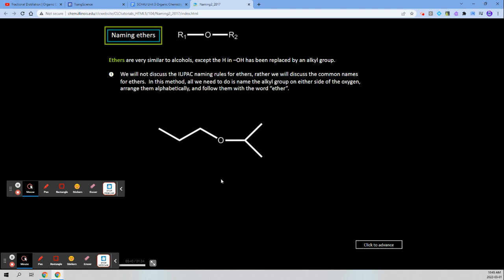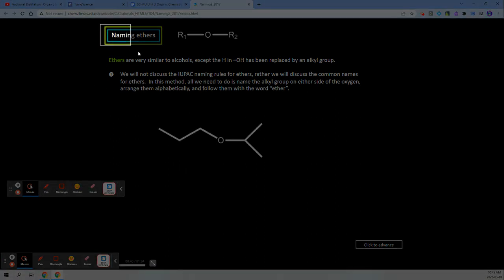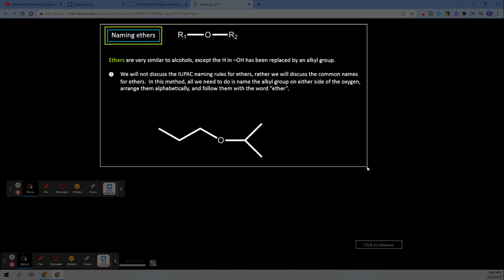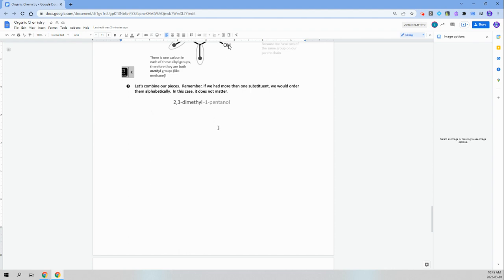So they probably won't ask you to do that, but ethers are good. So you notice how there's some similarity between an ether and an alcohol, and that is the alcohol has the O at the end of the chain. So when it's at the end of the chain, what you're doing is you're just saying that it has an H attached to it.